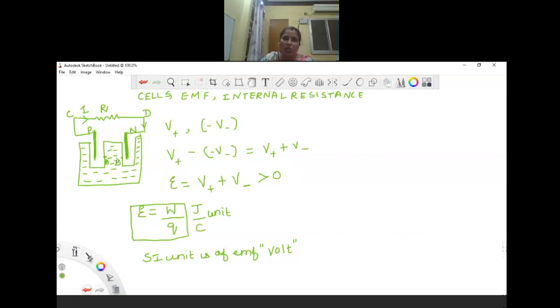Or else you can define it as the opposition offered by the electrolyte of the cell to the flow of current through it. Usually the internal resistance is represented by the letter small r. Capital R is the external resistance, but small r is the internal resistance.